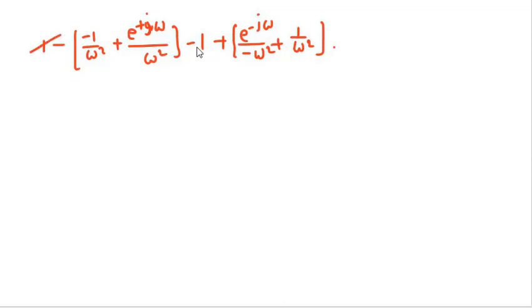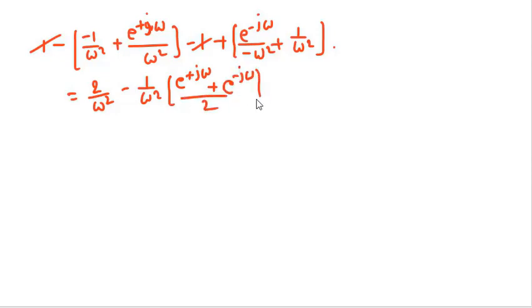So 1 and 1 get cancelled out, and you will get 2 by omega square minus 1 by omega square times e to the power plus j omega plus e to the power minus j omega by 2, multiplied by 2. I am multiplying by 2 and dividing by 2 to make it cosine.